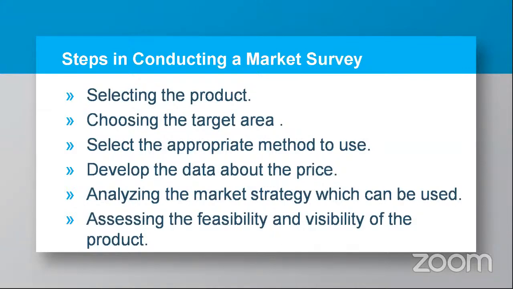You have also to look at the capability of the product to satisfy the customer's needs. So you have to make sure that at least you try your level best to add some value to customers' needs, which are so much considered when you are to conduct a market survey.